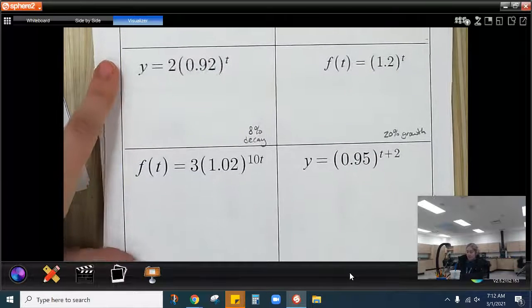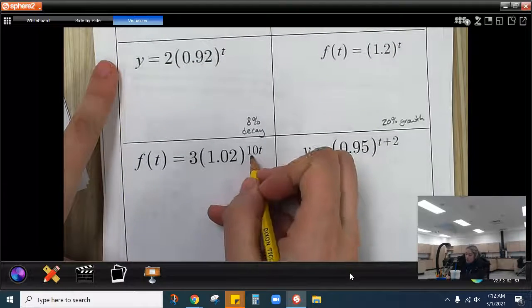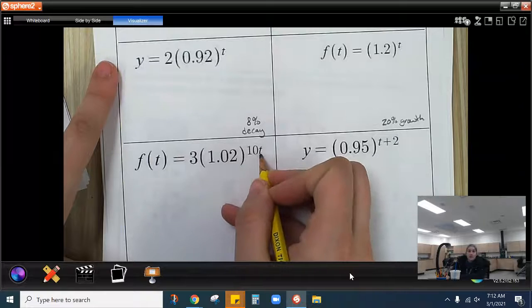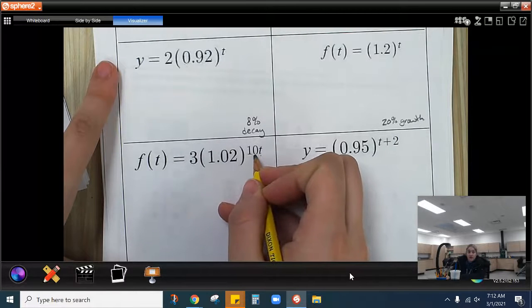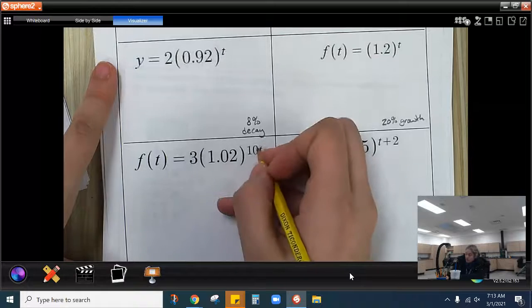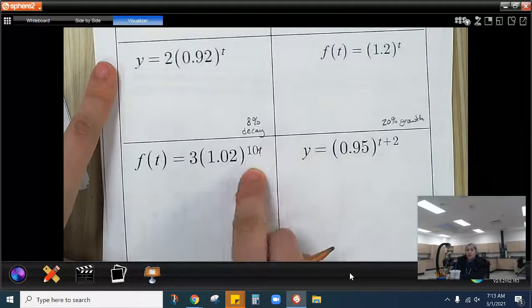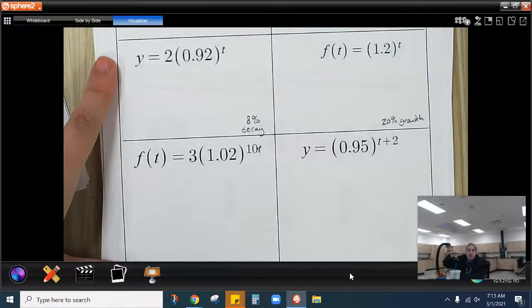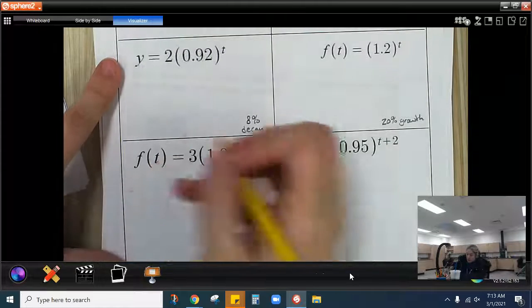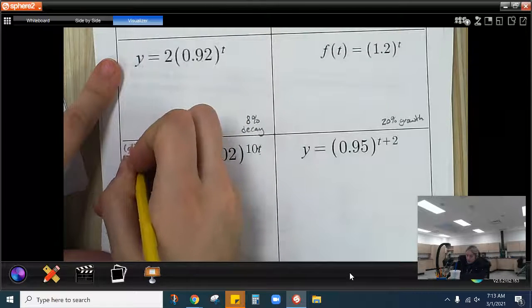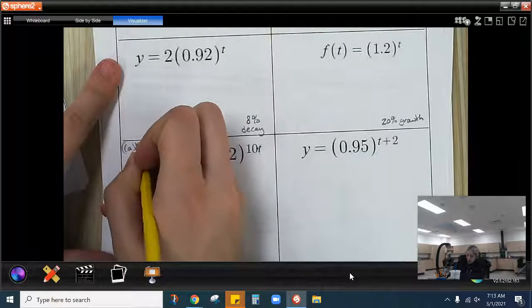Isn't that great? I know, you're super stoked. So we need to evaluate this when we have just t here, but we have a 10t. All right, we have a 10t, and that's a problem. Now, the nice thing is that I know that this is 10 times t. Well, in order to multiply those together, I had to have had an exponent of an exponent, right? It would have been something like a to the b to the x.